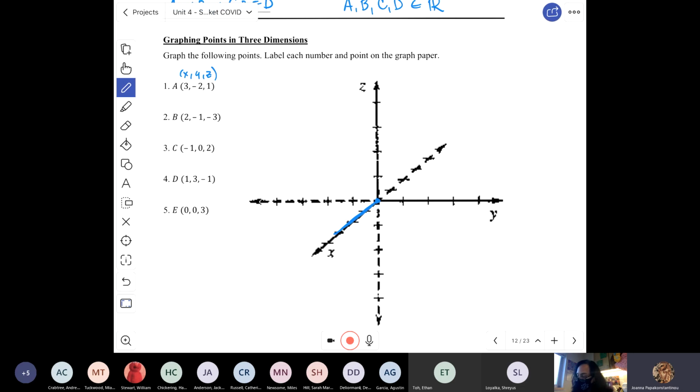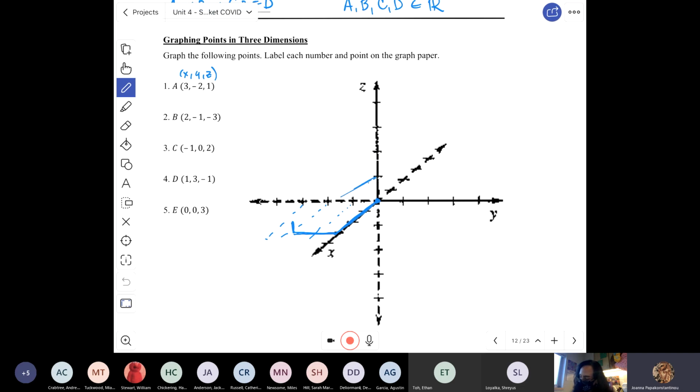Now, since I'm on a surface, it's kind of hard to see, but this is coming out like this. If I were traveling 2, I would go 1, 2. So I'm going 2 in the -Y direction. And then I'm going in the Z direction, +1. So I'm going up from here 1.